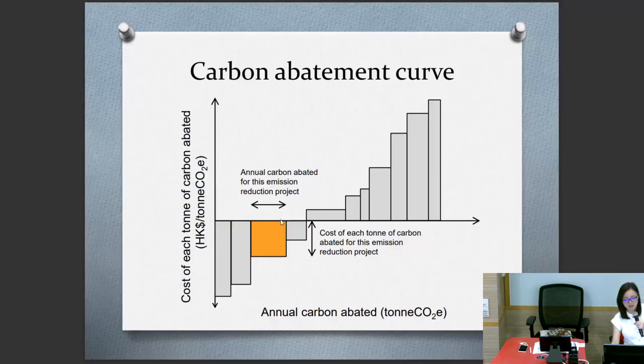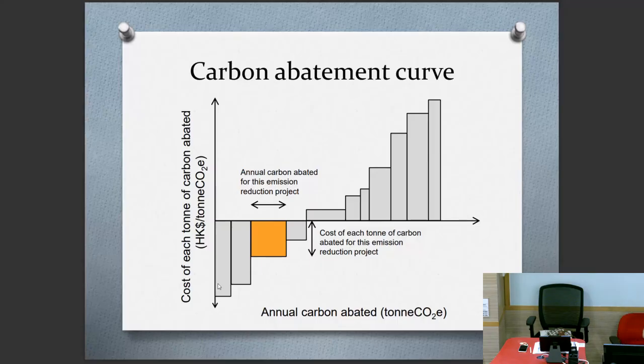And we will arrange these projects according to their cost effectiveness. If the cost is the lowest, then we will place them on the left-hand side. And the most expensive project with the highest cost of carbon abatement, we will put on the right. It means that if you want to utilize the cheapest way to reduce carbon, you should start from the left.